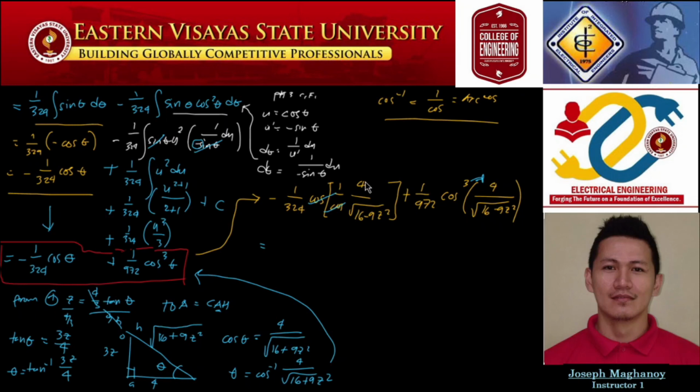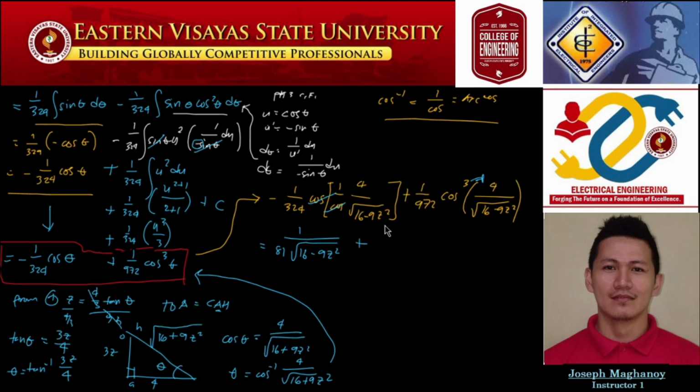So that is 324 over 4, and distributing, that is 1 all over 81, of course, times the square root of 16 plus 9z squared.